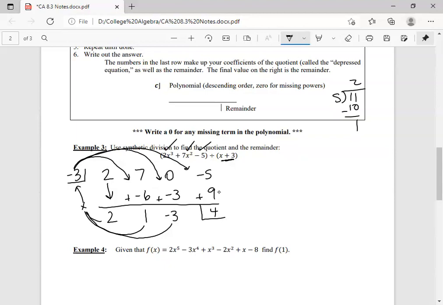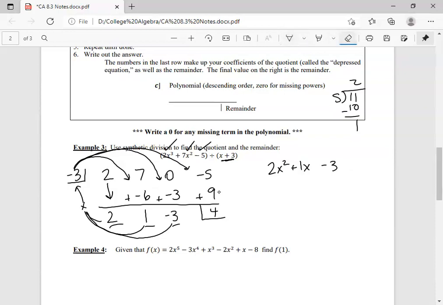So how do we write the answer? We're still going to take the 2 and the 1 and the -3. I'm getting that 2, 1, -3 from right here. We started with an x to the third, so we would say x squared, 1 less than that. It's a +1, so plus 1x minus 3 plus.